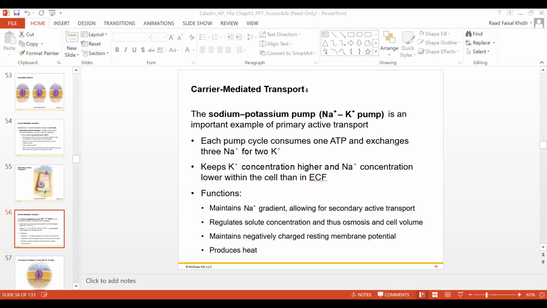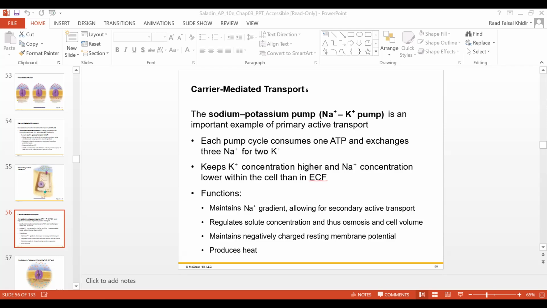Good. Sodium moves from outside to inside, and potassium moves from inside to outside. What kind of movement is that? Diffusion, excellent. That's diffusion from an area of high concentration to low concentration.